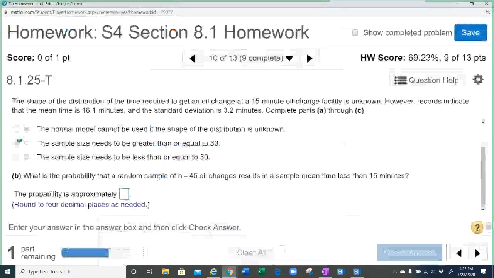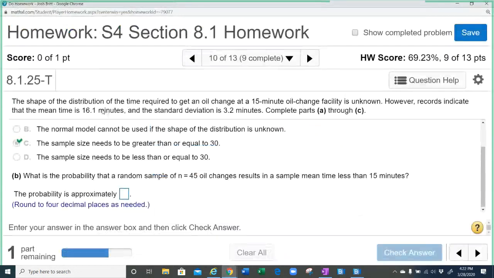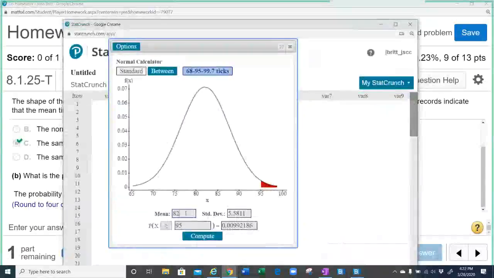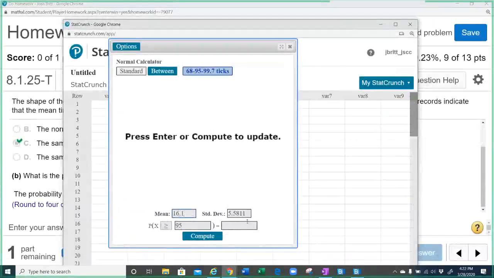So the mean oil change time is 16.1, and the standard deviation, what we just calculated, is 0.47702. And here you can go 4 or 5, 6 decimals.